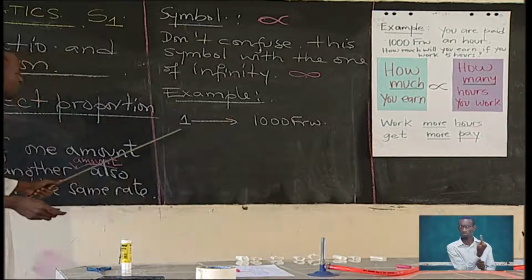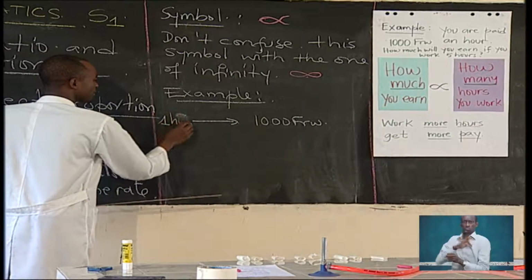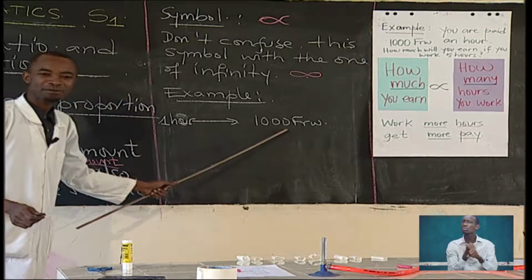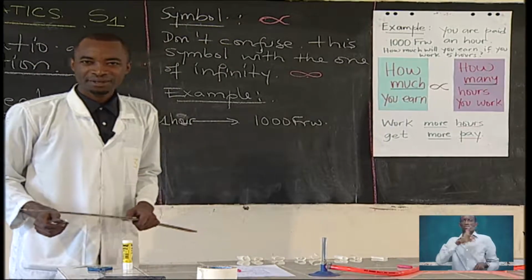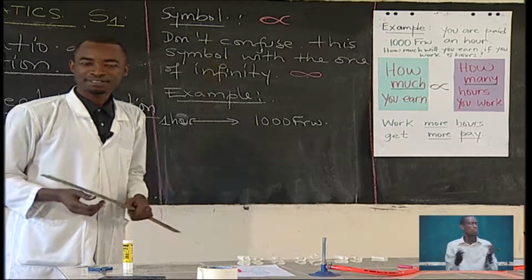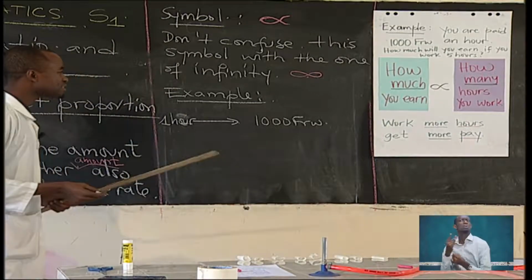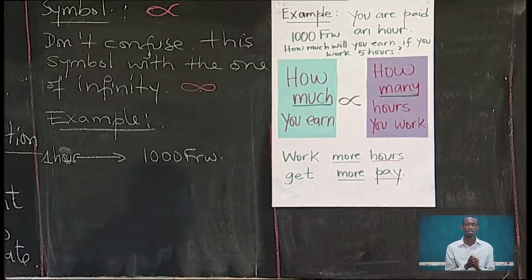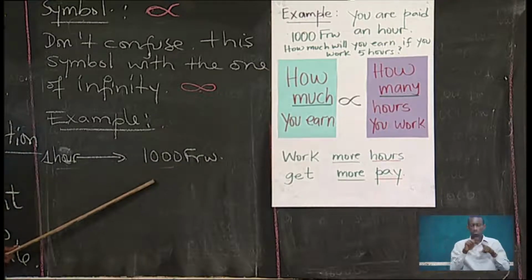If I work 1 hour, let me write it properly. If I work 1 hour, I'll be paid 1,000. What about if I work 5 hours? What about if I work 2 hours? What about if I work 3 hours? It means the number of hours I work will be proportional to how much I earn. If I work 1 hour, I am supposed to be paid 1,000.